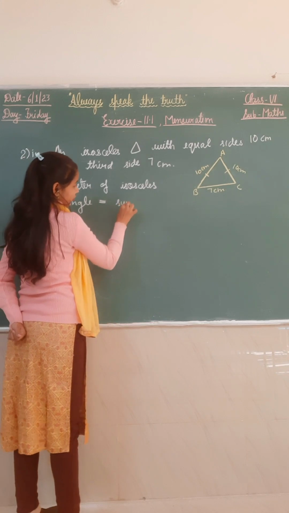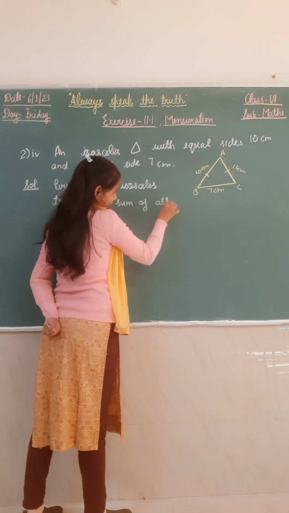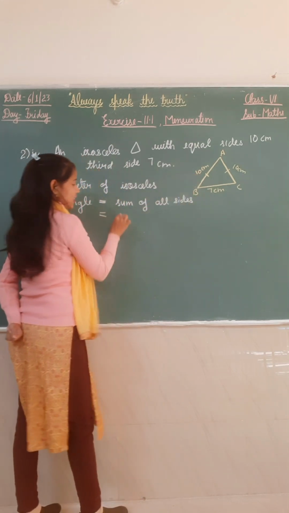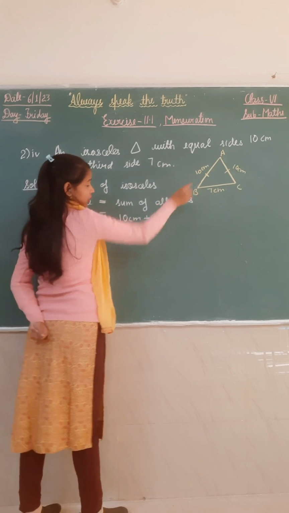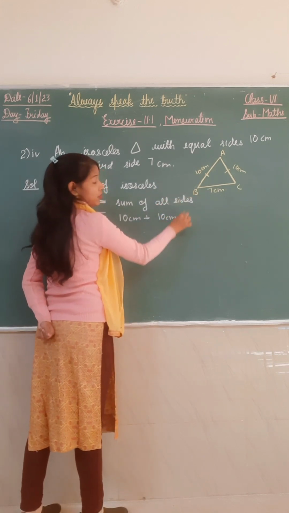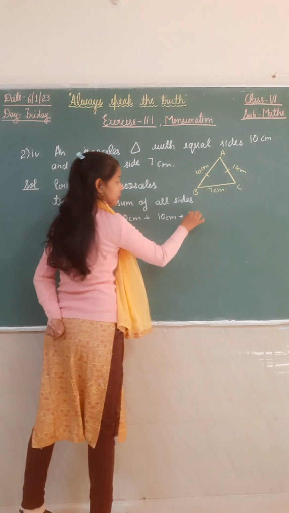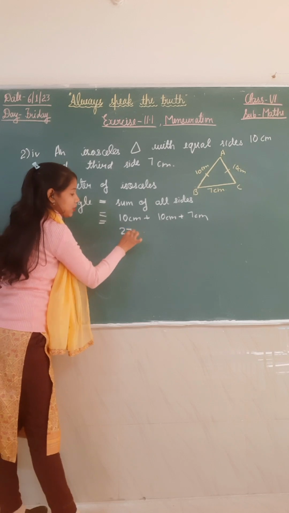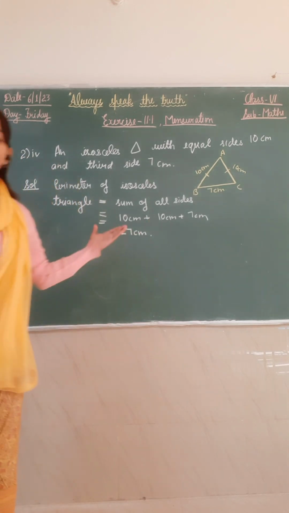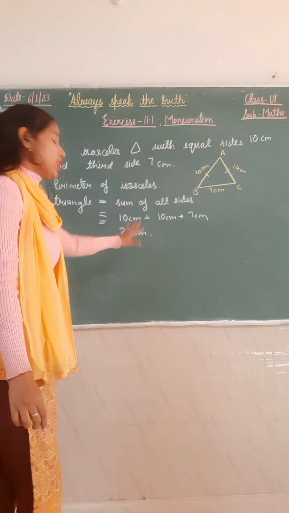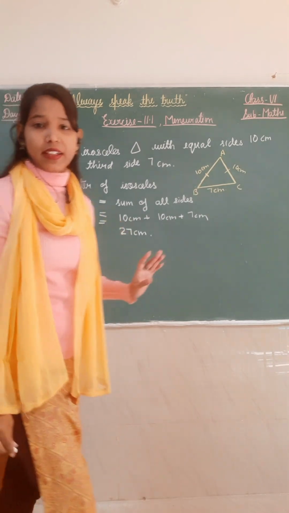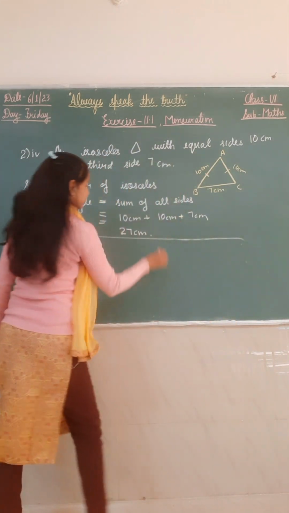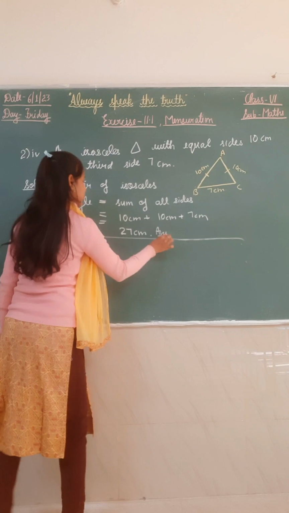So the first side is 10 centimeter, the second one is also 10 centimeter, and the third one is 7 centimeter. So 10, 20 plus 7 is 27 centimeter. So the perimeter of the isosceles triangle will be 27 centimeter. Okay class, it's very easy I think, right? Draw a line after this. This is your answer.